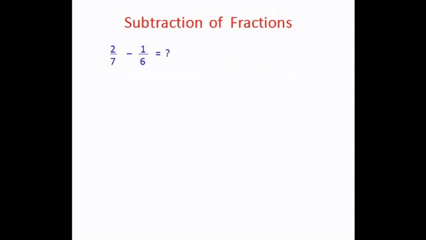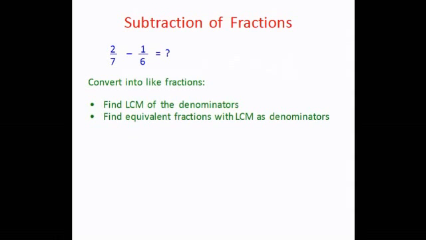Now we know how to do the subtraction for like fractions. So what can we do? We can convert these fractions to like fractions. How do we convert? We find the LCM of the denominators and then we find equivalent fractions of these fractions where the LCM is the new denominator.